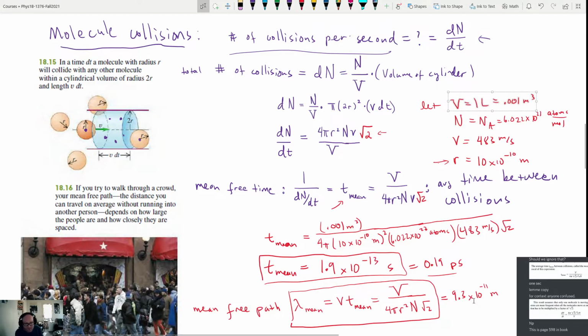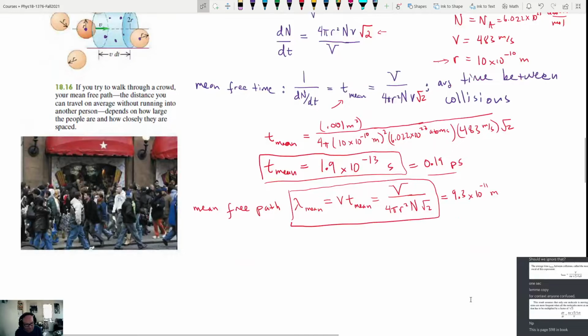Okay, now we can do a couple of other things here. Let me go back to some equations that we've learned in the past. We have our equation PV equal to nRT. There's another version of this equation, of the ideal gas law, that's equivalent, which says that PV is also equal to total number of molecules N times the Boltzmann constant times temperature.